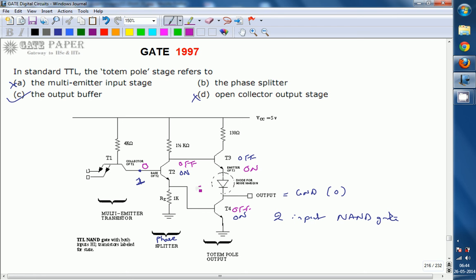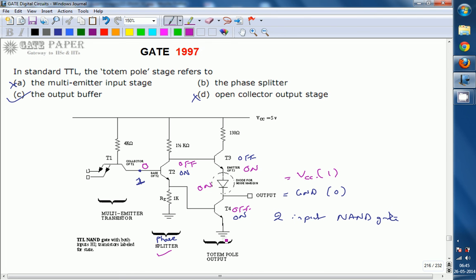T3 is on and the diode will be on, and the output will be equal to VCC, which is logic 1. So for the input of T2, if you give logic 1, you get output as ground; if you give logic 0, you get output as VCC. That is the opposite. So logic inversion implies phase splitting, and that's why this is called the phase splitter. So the totem pole cannot be called a phase splitter. The phase splitter is different from the totem pole configuration.